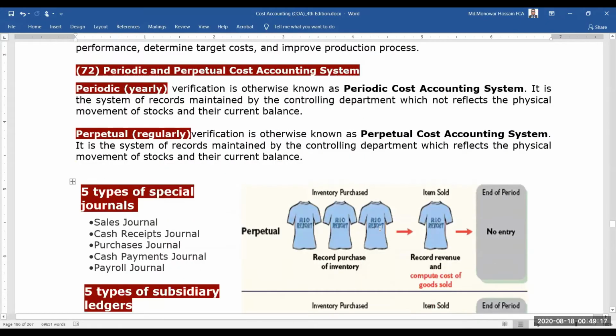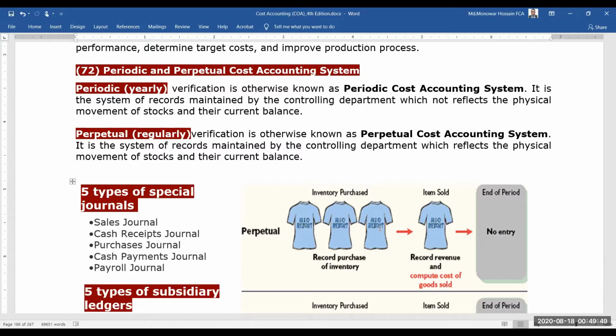Now, periodic and perpetual cost accounting systems. Periodic verification is otherwise known as the periodic cost accumulation system or periodic cost accounting system. It is a system of records maintained by the controlling department which does not reflect the physical movement of stock and its current balance, so it is calculated periodically. Perpetual means regularly.